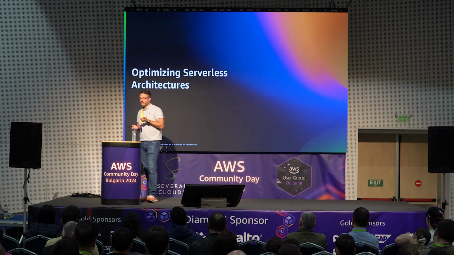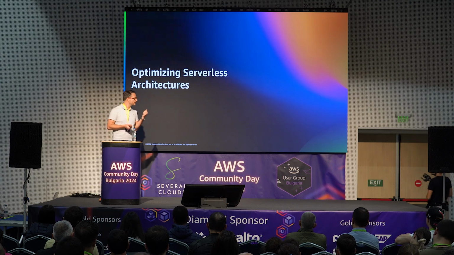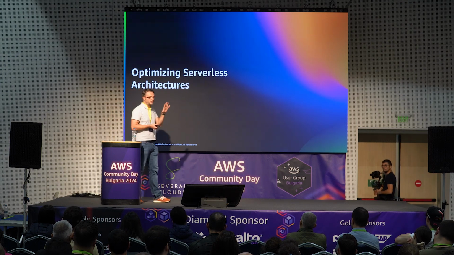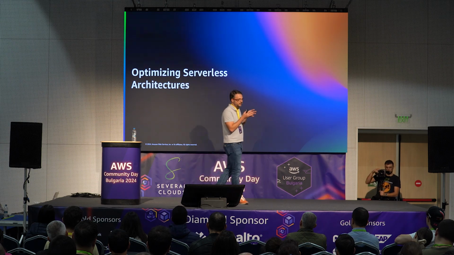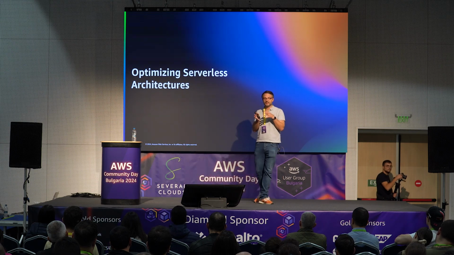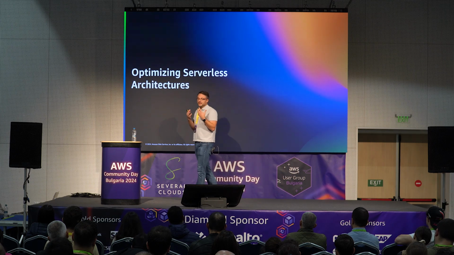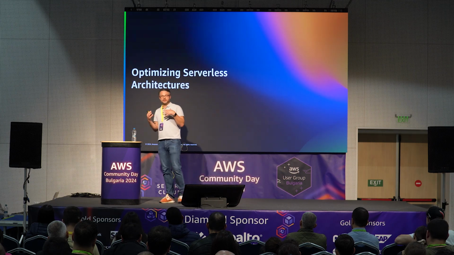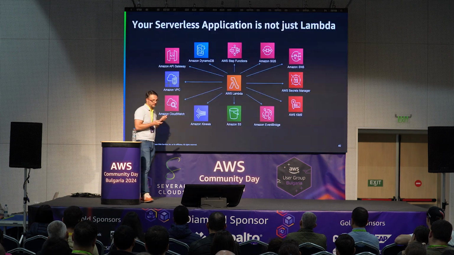And another quite important thing when we started talking about serverless applications: we focus too much, to my mind, on Lambda, and we focus too much on optimizing Lambda functions. And sometimes we forget that in reality, your application consists of more different services and more different technologies.